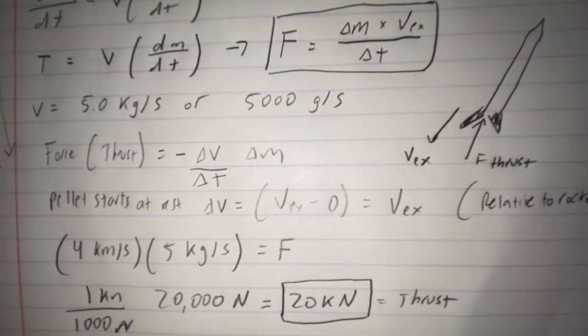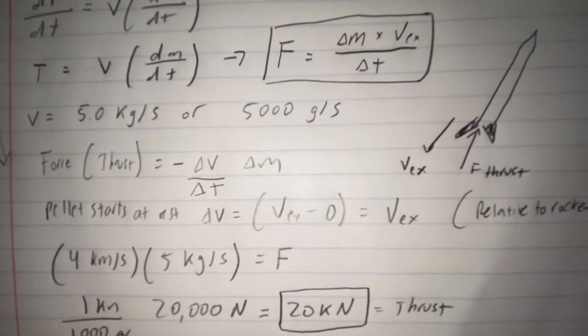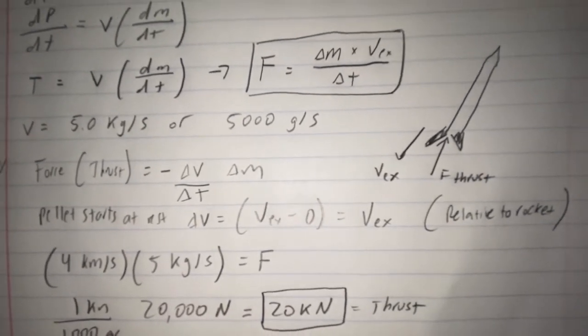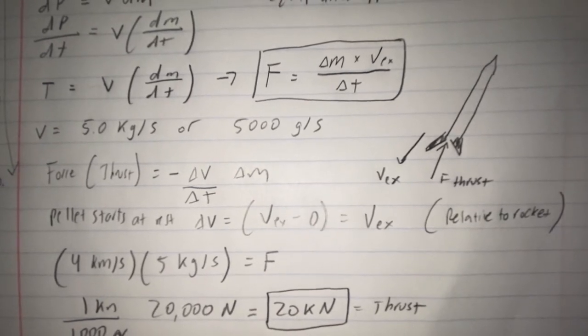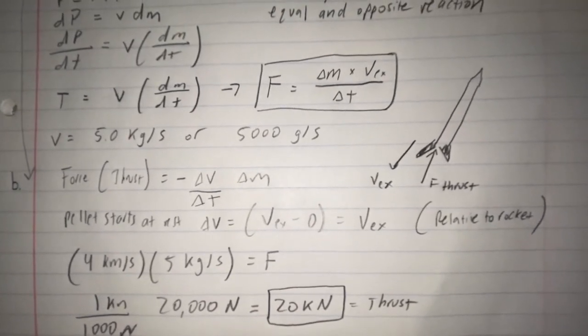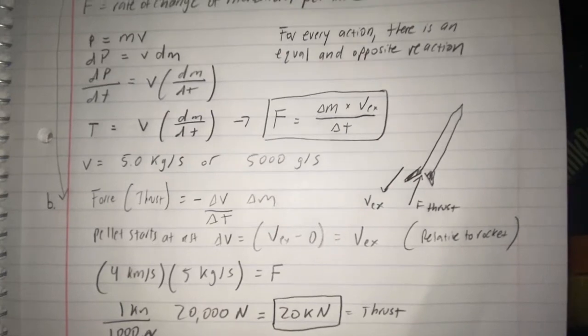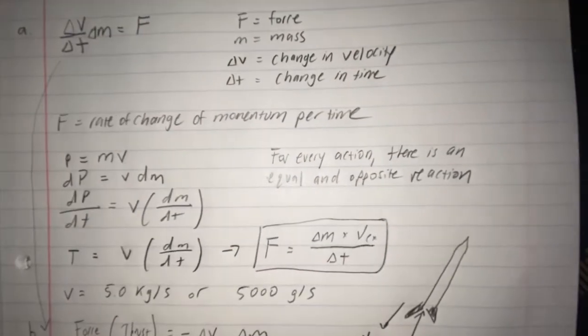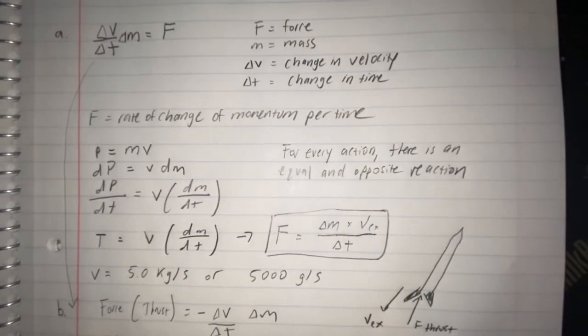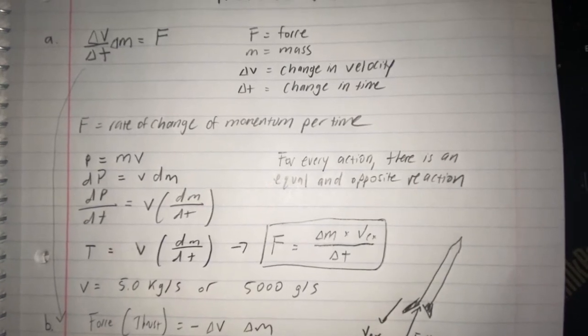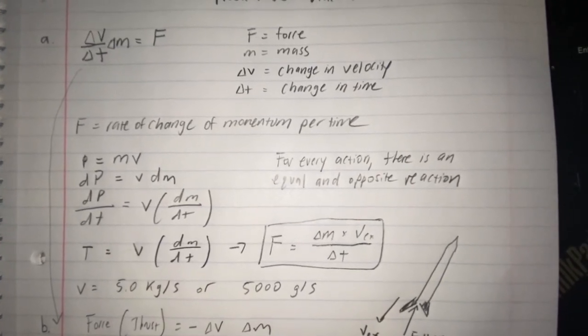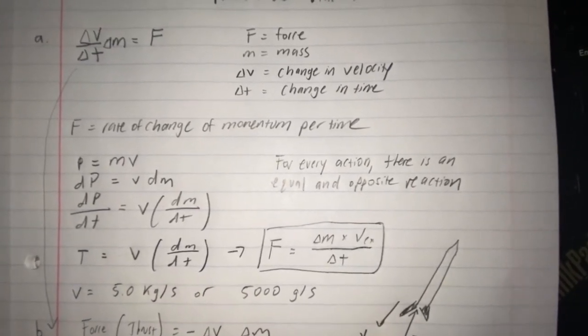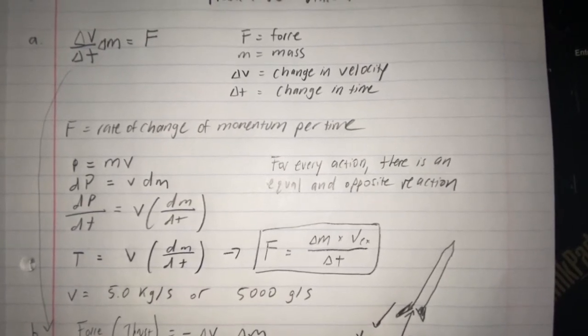So since the pellets start at rest, the change in velocity is just going to be equal to the exhaust velocity, and this is relative to the rocket. So an equation that can model this is: the thrust force is going to be equal to the change in mass times the exhaust velocity over the change in time.